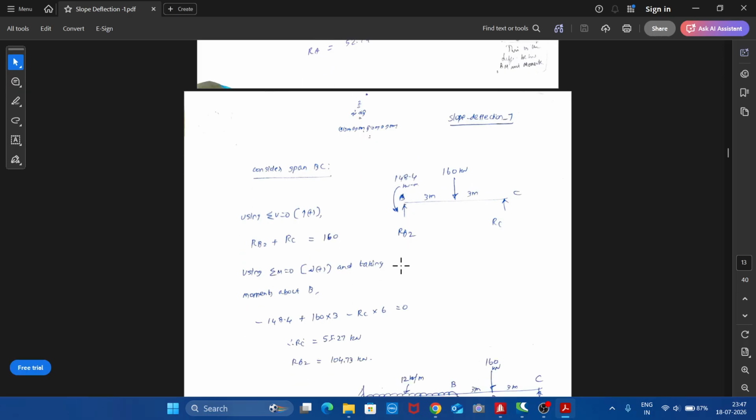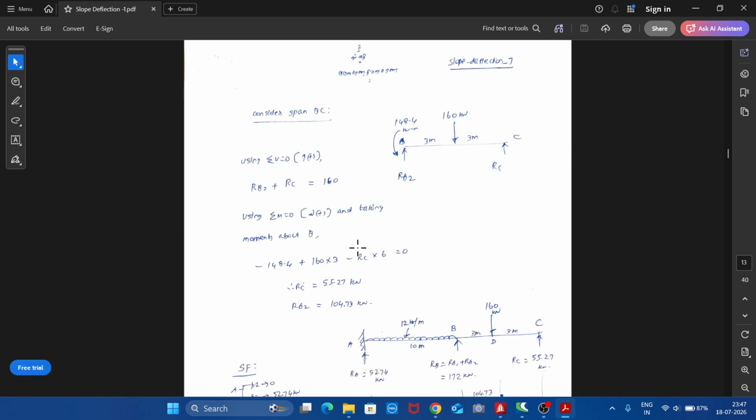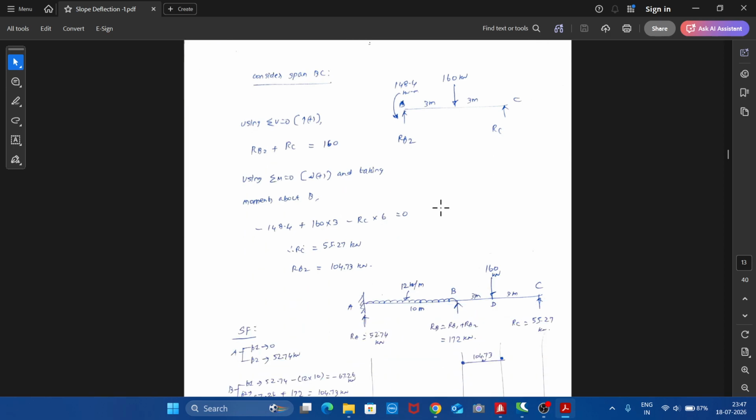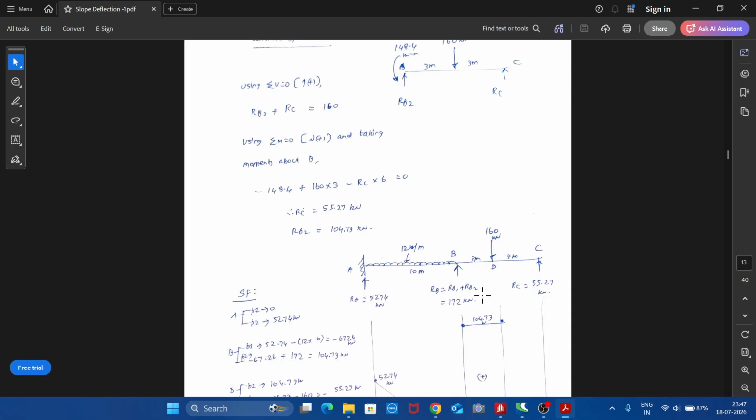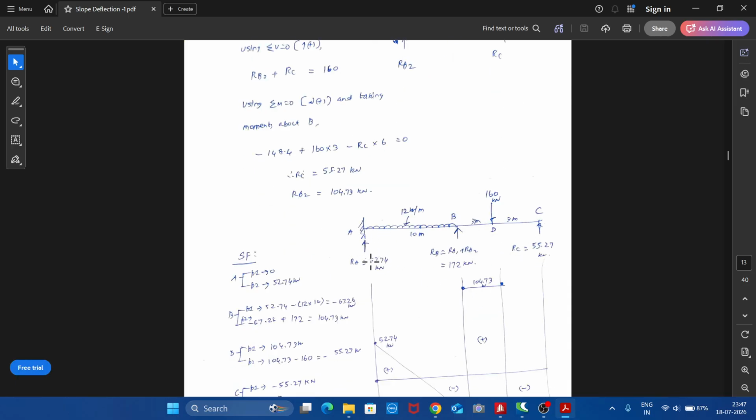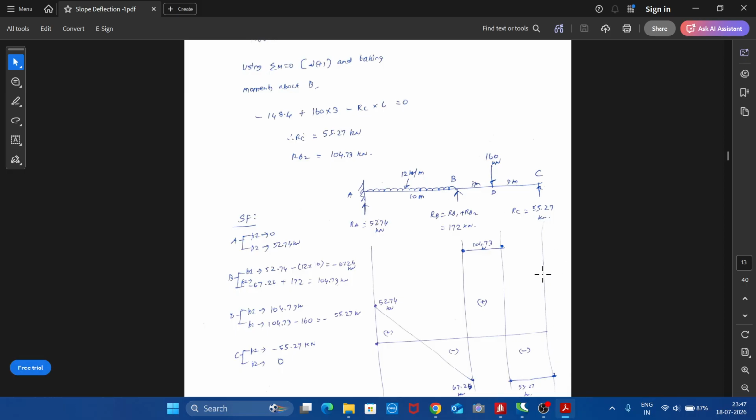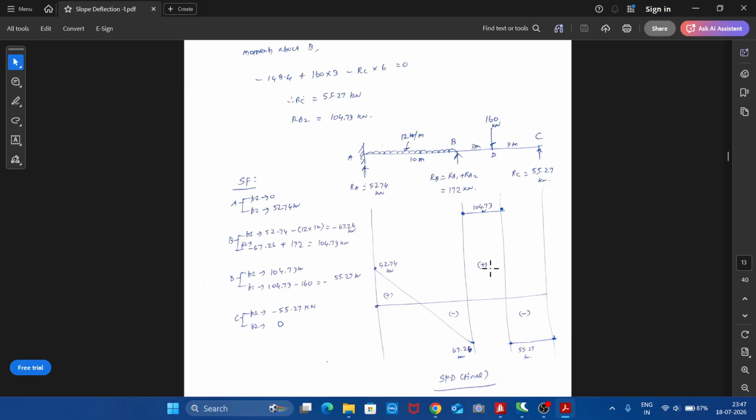Using sigma V equal to 0 and sigma M equal to 0, we will be getting the reactions RB2 and RC. So here you form the total reactions: RA we have, RB comprises RB1 and RB2, RC we have. So with this we can draw the shear force diagram.